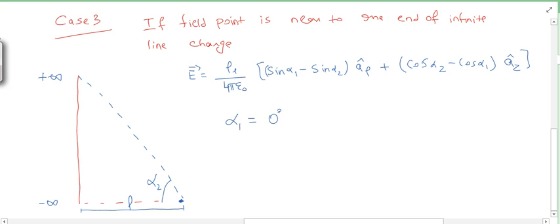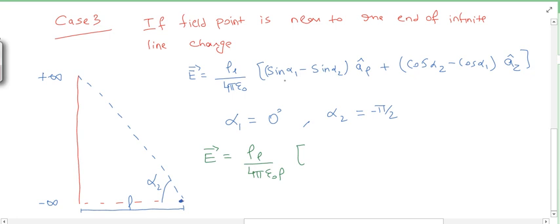So the only thing remaining is alpha 2. Now it is at plus infinity, so what will it become? Alpha 2 is equal to pi by 2, but it is on the upside, so minus pi by 2. So I can put these into the derived formula. After putting the values: rho L by 4 pi epsilon naught rho.